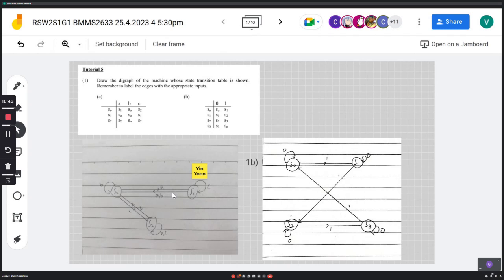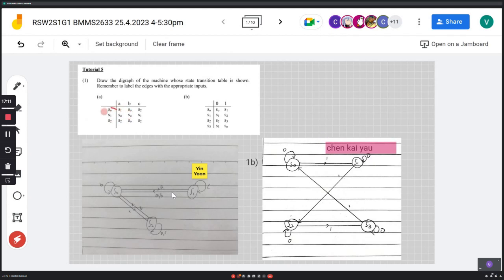Okay, then number one. So this one is part B. Write your name there. So the first question, we want to draw the diagram by looking at the table here. You see the first one is S0, right? And then this is the input given to the machine.